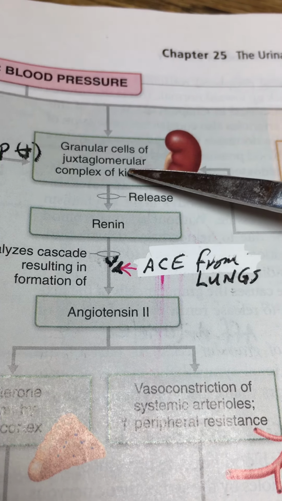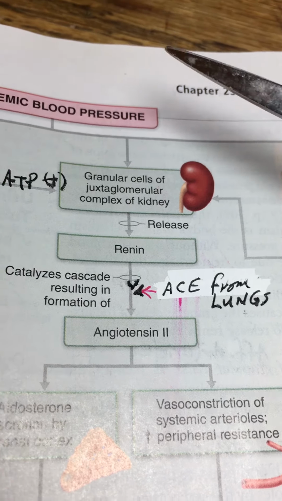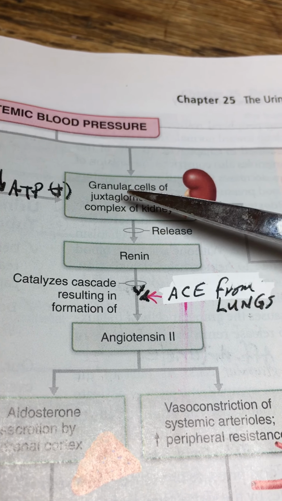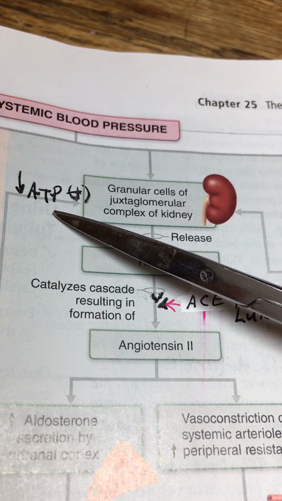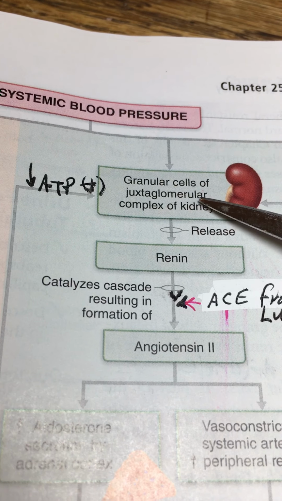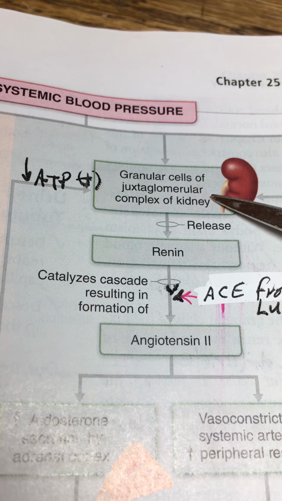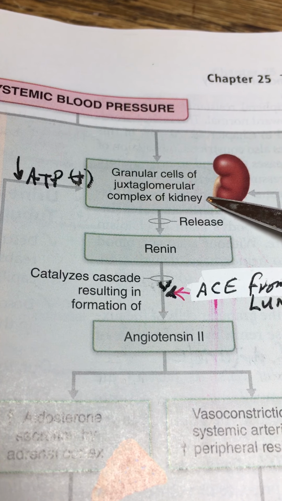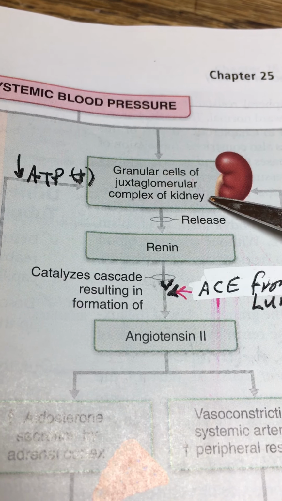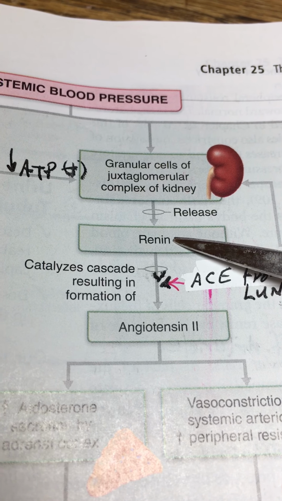So they're listing this basically as sort of a hormone and other chemicals. Okay, so we have the loss of ATP. We're stimulating the granular cells of the afferent arteriole. That's a part of the juxtaglomerular complex. So here's our renin.